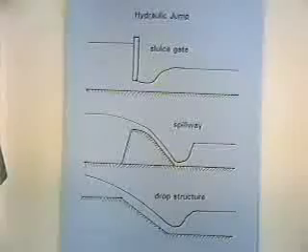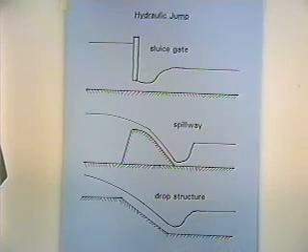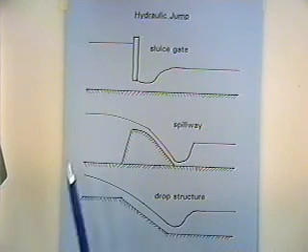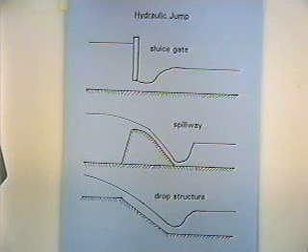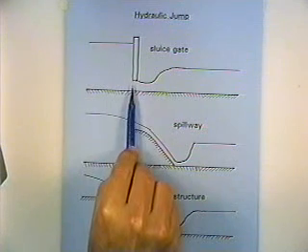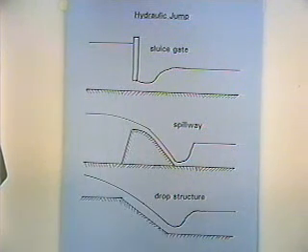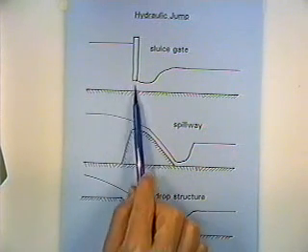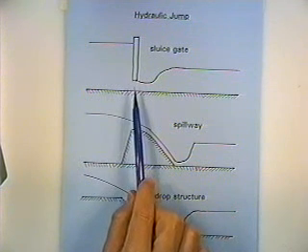And here we're just looking at some physical situations that might cause a hydraulic jump. Here we've got a gate, and you could picture that as being a highway culvert, water coming out of a culvert, water coming through a sluice gate of a dam, any type of situation where you've got water ponded and there's some sort of a gate through which the water is flowing, and this constriction is causing supercritical flow.